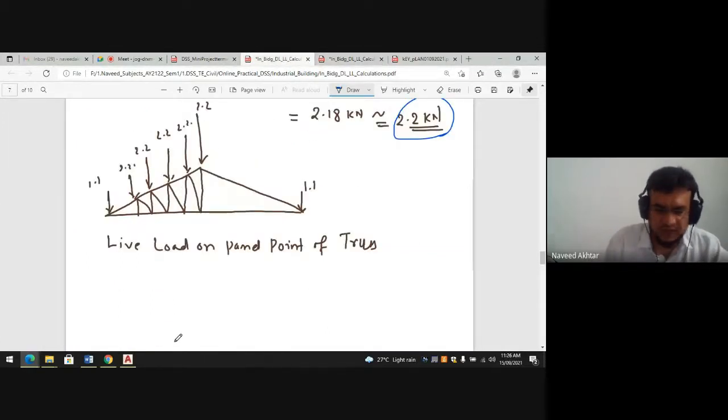So the live load and dead load are gravity loads, but the wind load acts perpendicular to your sheeting. This is nothing but the wind pressure or wind load acting on the sheeting.